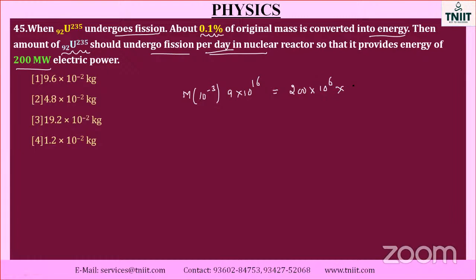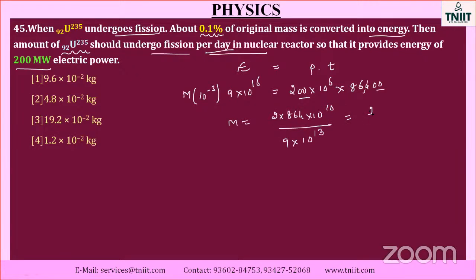1 day means 24 hours. 24 hours is 86,400 seconds. So power into time is nothing but the energy. Energy is nothing but m into c square. If you simplify for m, how much are you going to get? 2 into 864 into 10 power 2 zeros, 10 power 10 divided by 9 into 10 power 13.